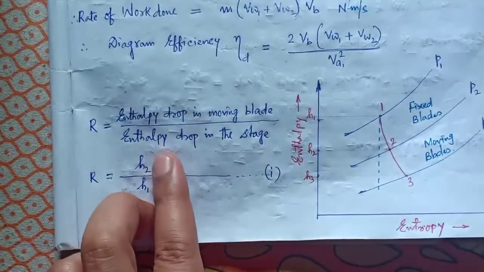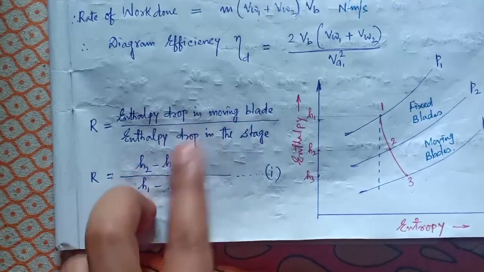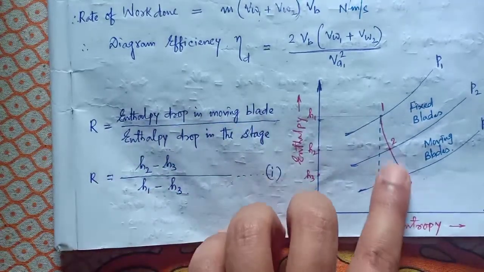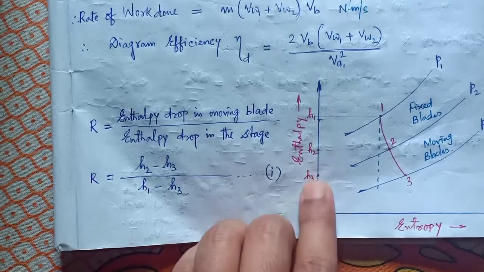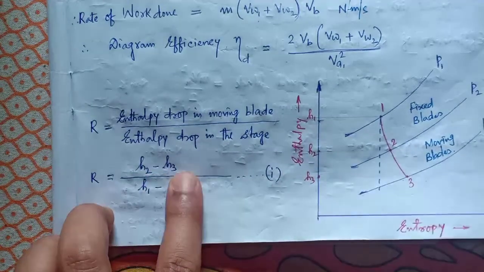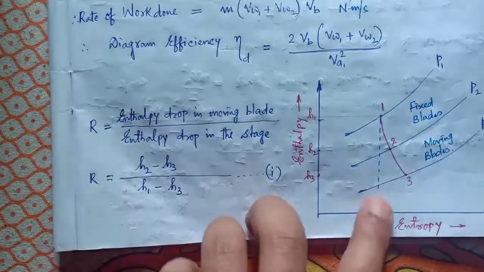Now, the enthalpy drop in moving blades: over here you can see H2 is greater than H3. That is why H2 minus H3 is the enthalpy drop.